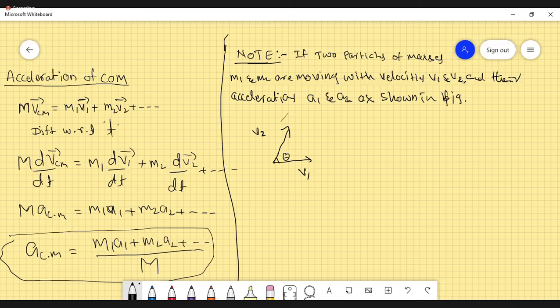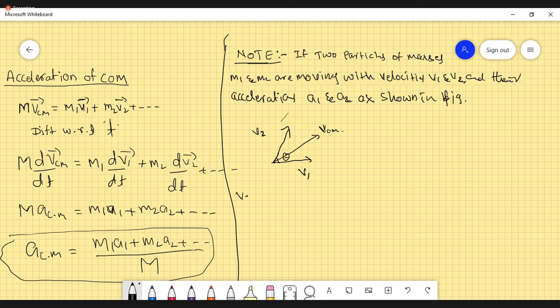So the resultant vector will be the diagonal. That is nothing but the center of mass. And the resultant velocity, what can we write? That is the square root of v1 square plus v2 square plus 2 v1 v2 cos theta. Do you remember that?